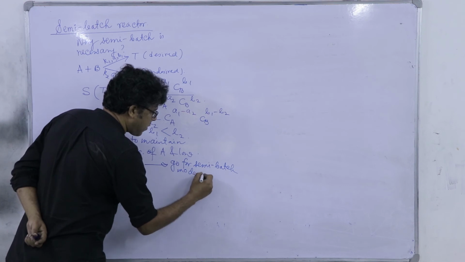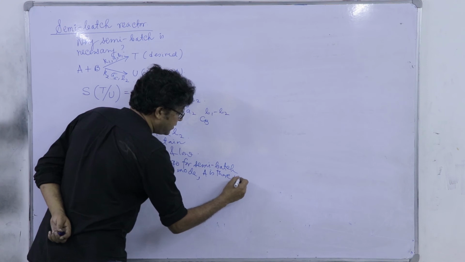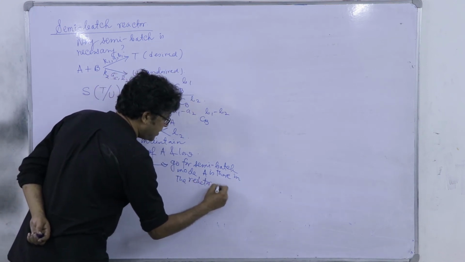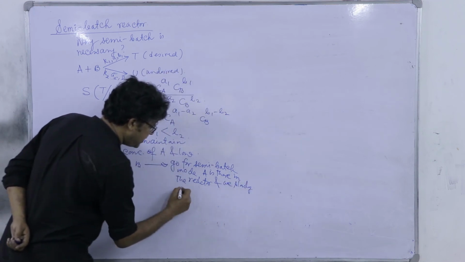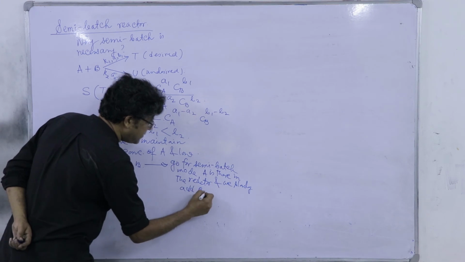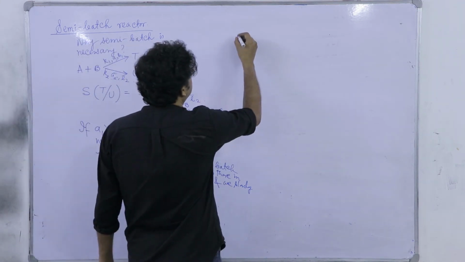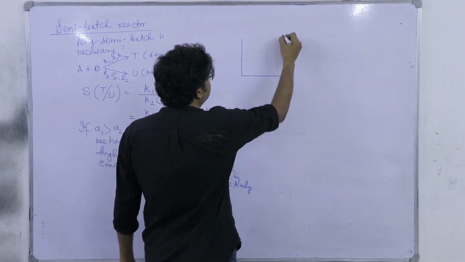Right? A is there in the reactor and we slowly add B. So, you see what the utility is, or why we have to go for semi-batch mode.